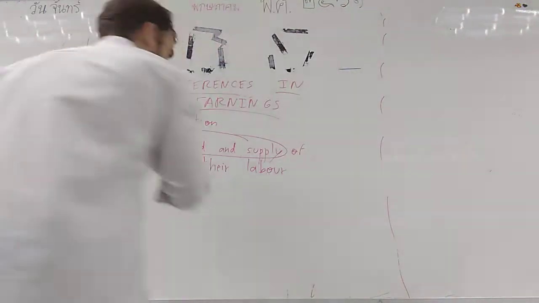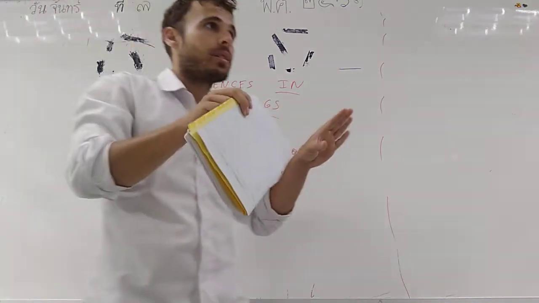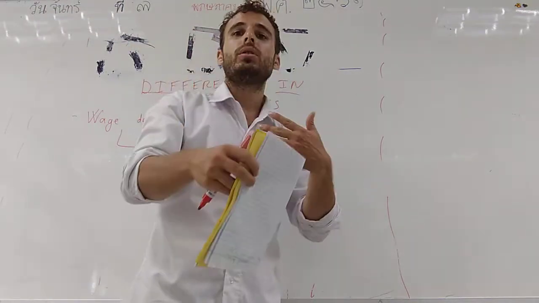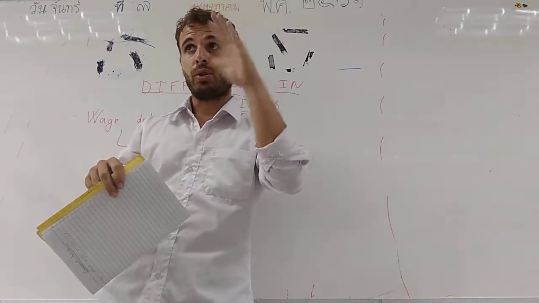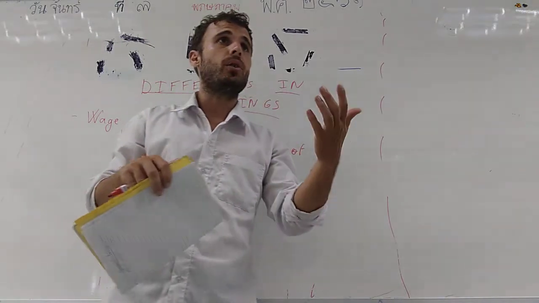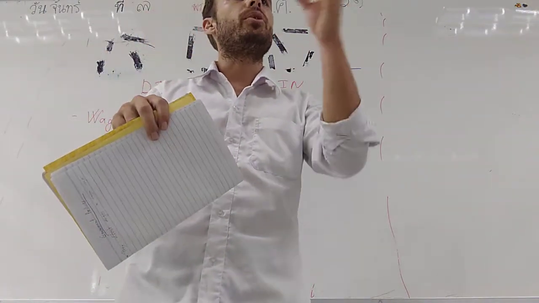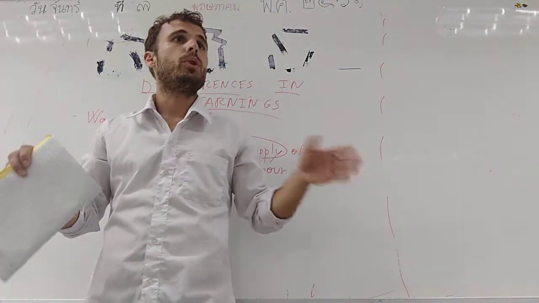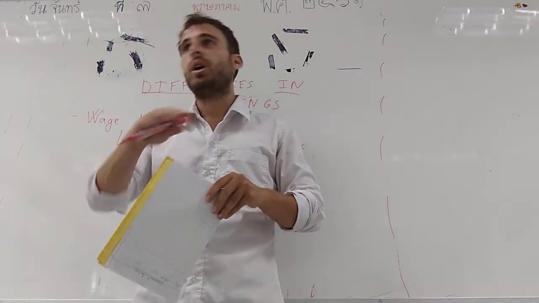Exactly. Other factors, not as important as this one, but they matter. The government can promote measures in order to increase or decrease salaries. We can protect the workers or we can liberalize the sector so entrepreneurs are able to pay any salary without interference from the government, for example, or any trade union.